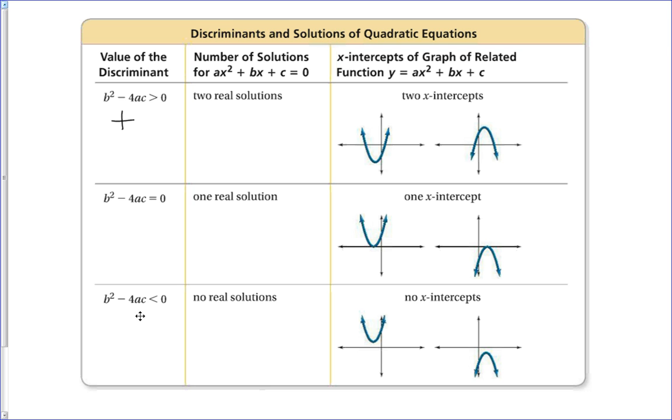If your discriminant is less than 0, or negative, you have no real solutions, and therefore your quadratic never actually crosses the x-axis, so there are no solutions to it.